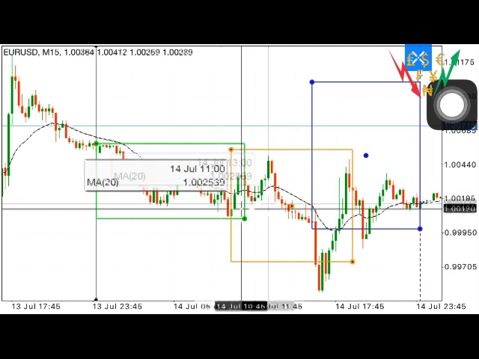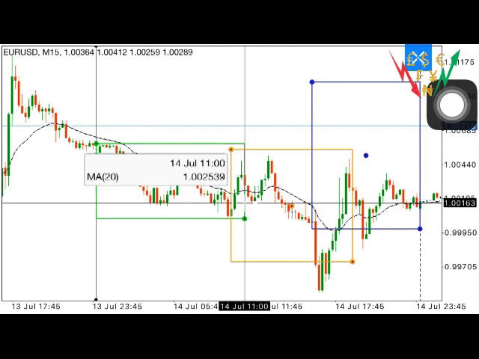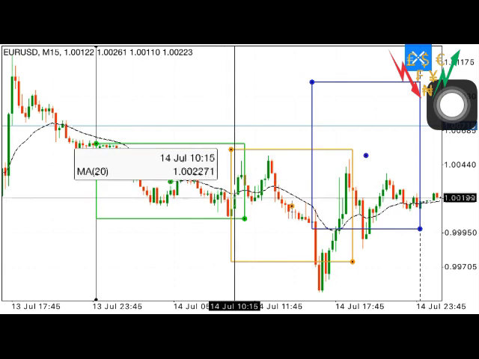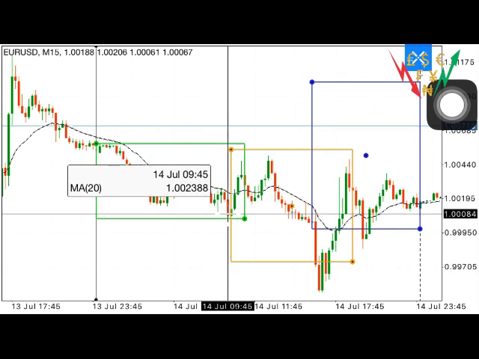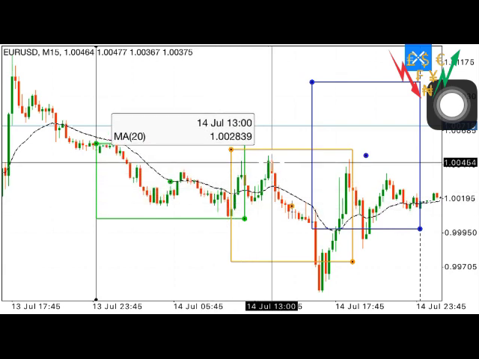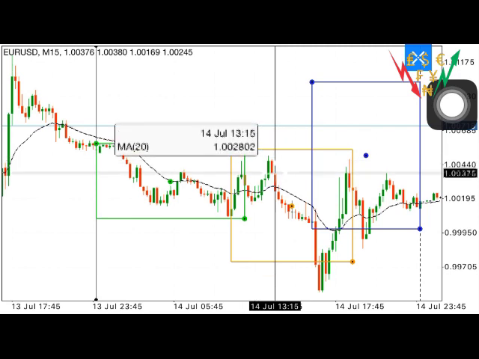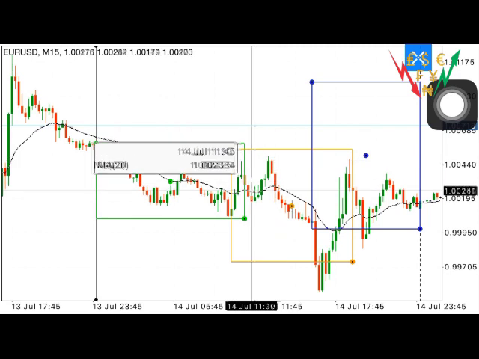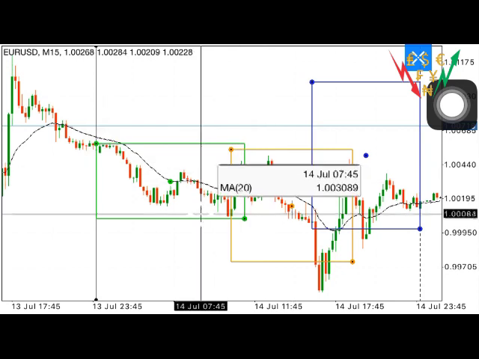So if I have this area as my range and this area as my range, now I have a trading plan.